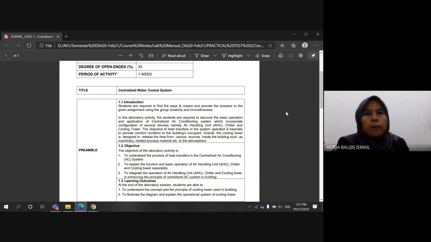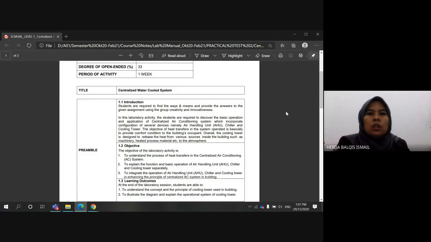And for each level at that particular Al-Khwarizmi building, we have the AHU room, air handling unit room. So meaning to say that this centralized system is being controlled by a main controller, which is located at the facility unit building. There is a room, and in the room they have a controller to control this centralized system.